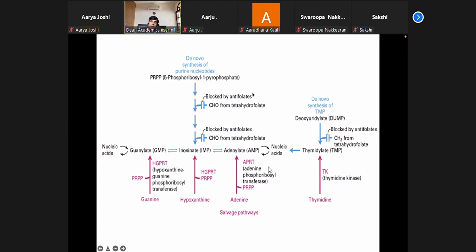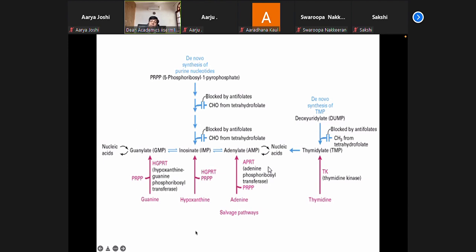Now, aminopterin is acting here at this step and at this step. I really did not talk about all the events which are occurring, so you can go to any textbook for nucleic acid synthesis, purine and pyrimidine metabolism, and you'll find all those steps. My purpose here was to demonstrate that with the inclusion of aminopterin, the de novo synthesis pathway is blocked.